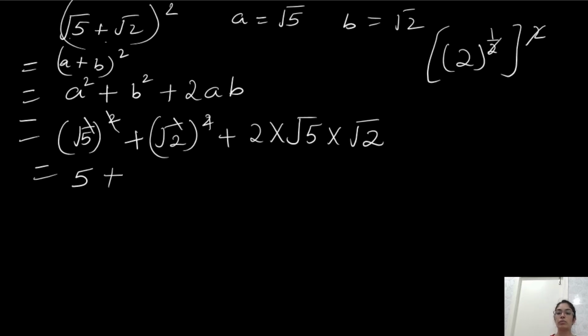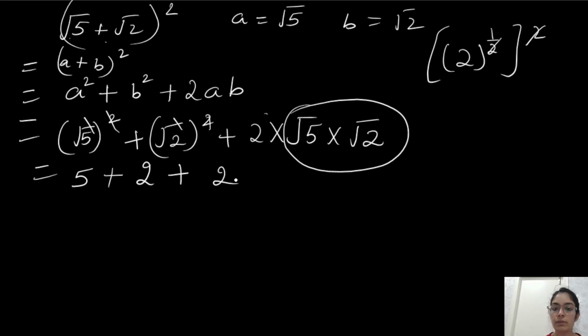These things we will learn more when we do indices. So 5 plus 2. Then 2 as it is. When we multiply these numbers, it becomes √10, because 5 into 2 is 10; 10 should come under the root because we are multiplying √5 into √2.